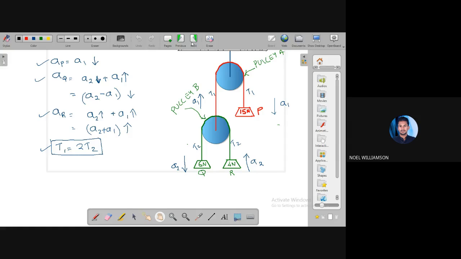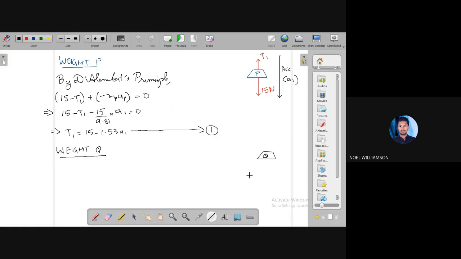So the forces acting are first of all the tension T2, then the weight, 6 Newton.